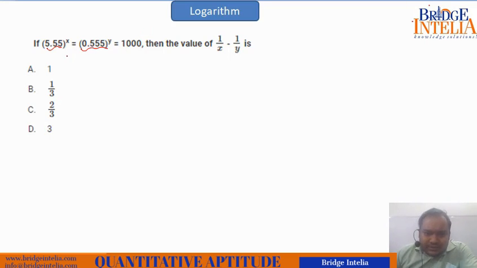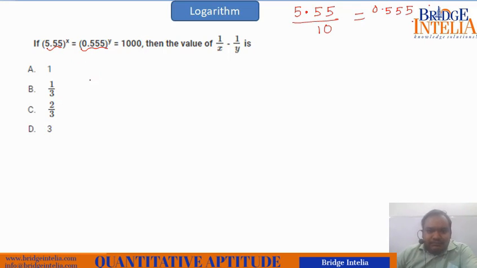So if only you could observe that the numbers being used are 5.55 and 0.555. How are these two numbers related? 5.55 and 0.555, how are they related? This one divided by 10 becomes equal to this. Okay, so now let's rewrite this.